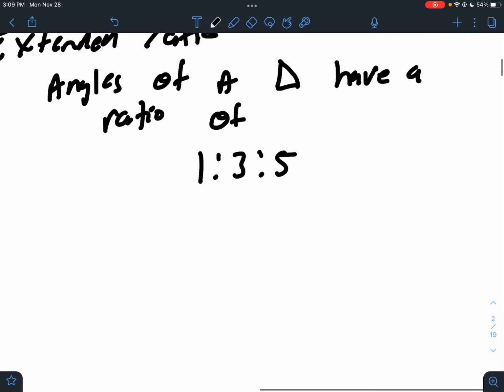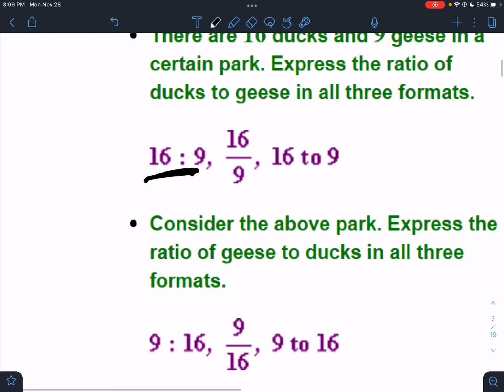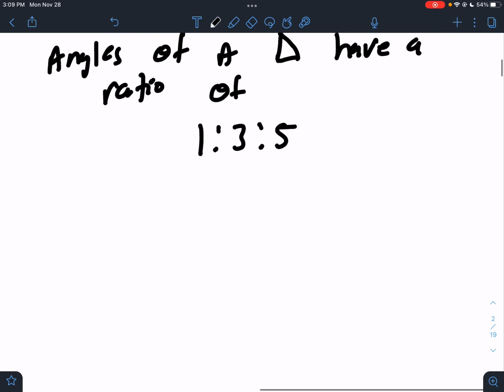That is an extended ratio. That is this format. That's the best one to use. You wouldn't want to write that as a fraction. 1 to 3 to 5, no thank you. That doesn't make a lot of sense.